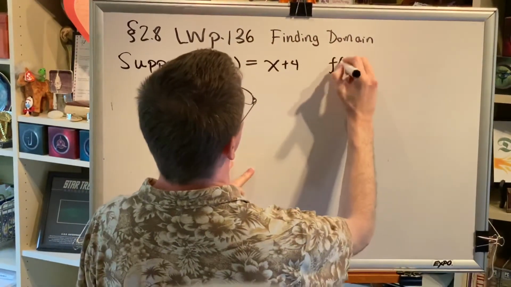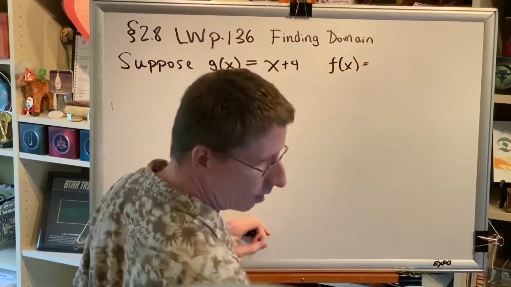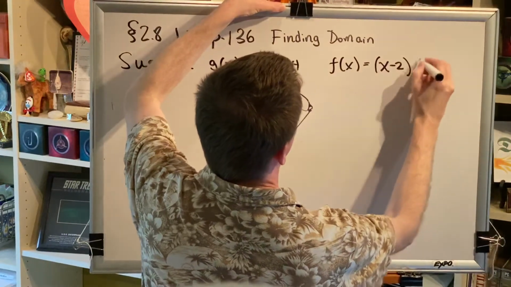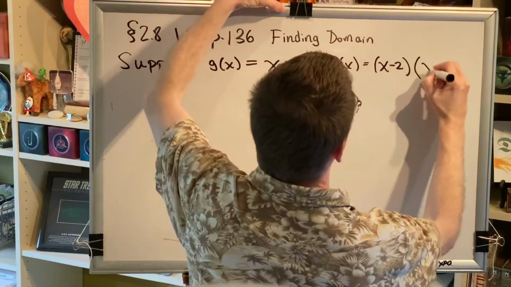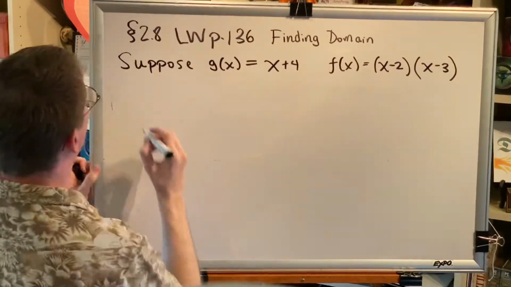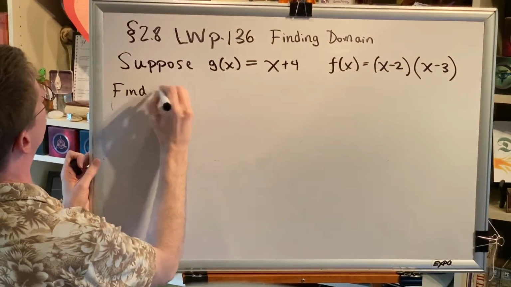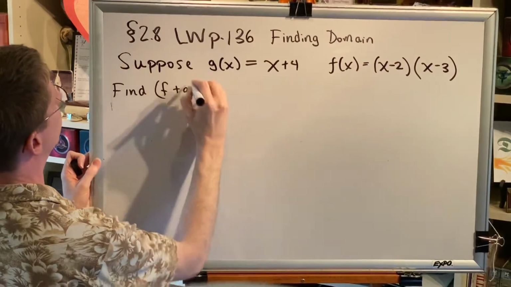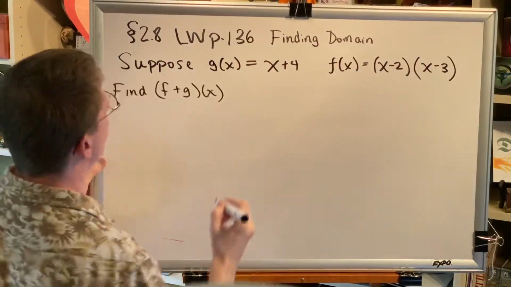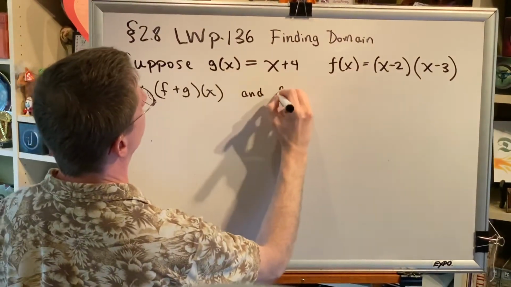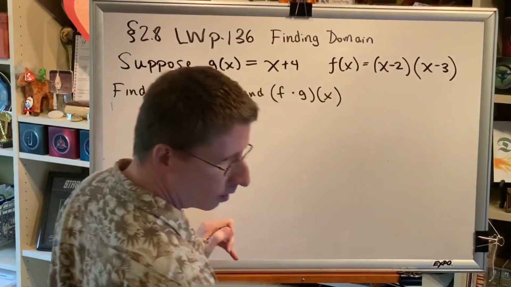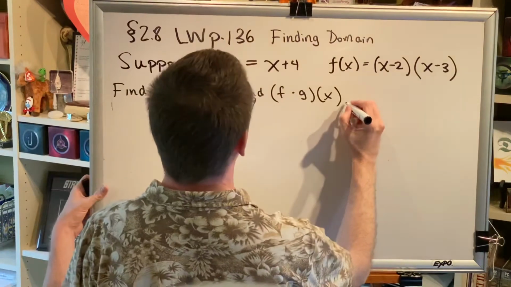F of x is equal to the binomial x minus 2 times the binomial x minus 3. Find f plus g of x and f dot g of x. Then give their domains as an interval.